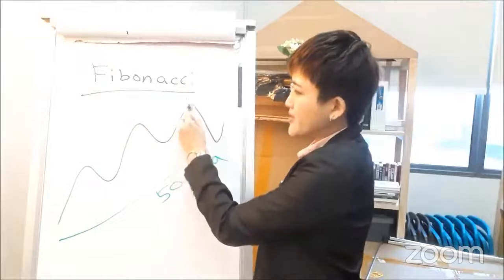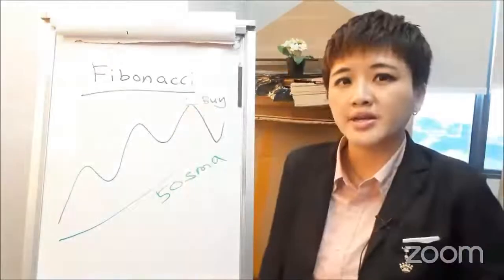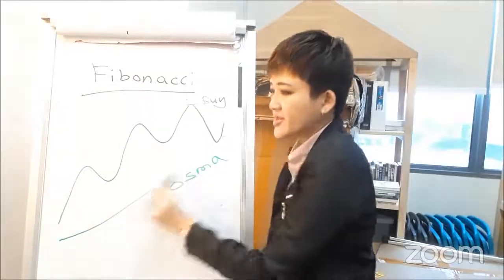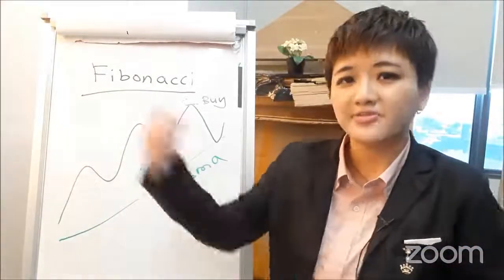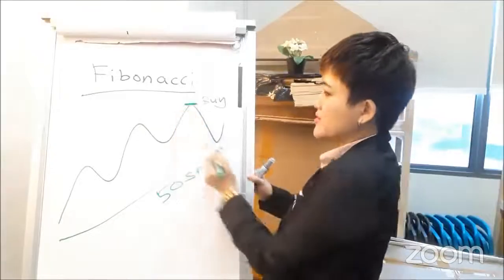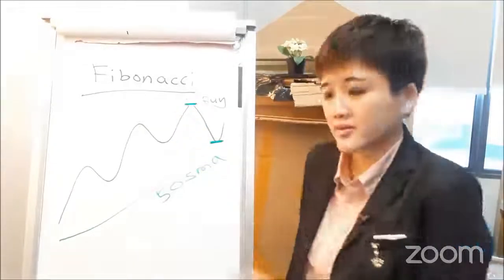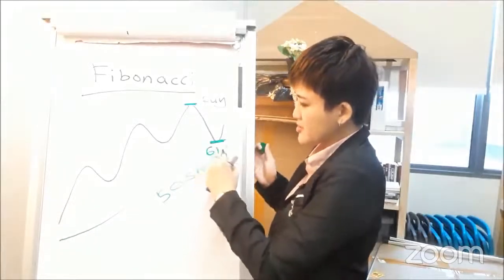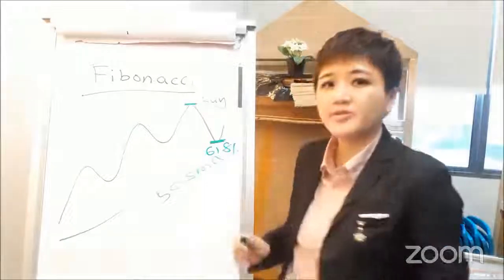So if you want to buy here, it is very dangerous because price once in a while has to come down and test the 50 SMA. It cannot leave the 50 SMA because it loves it so much. So is it better to buy here or here? Definitely over here. And ideally when it retraces, you want it to retrace to 61.8% or 50%.